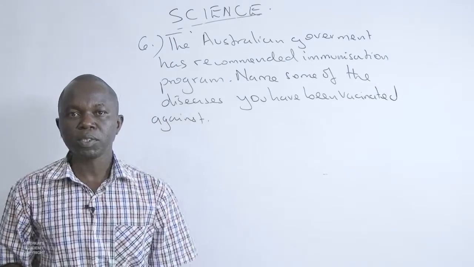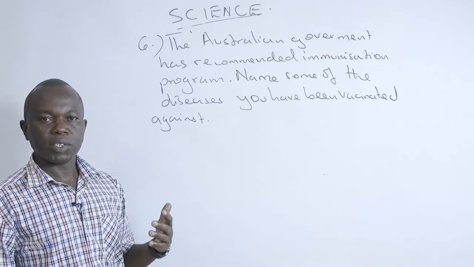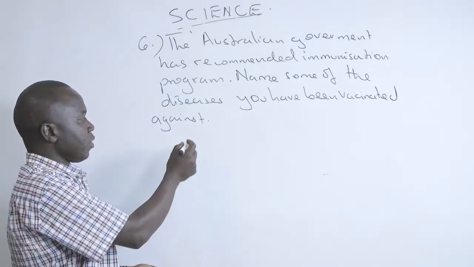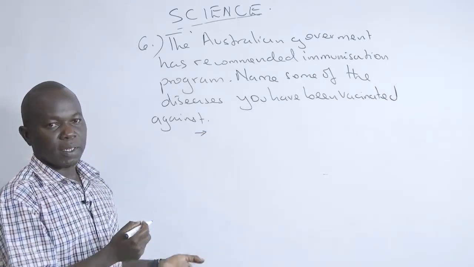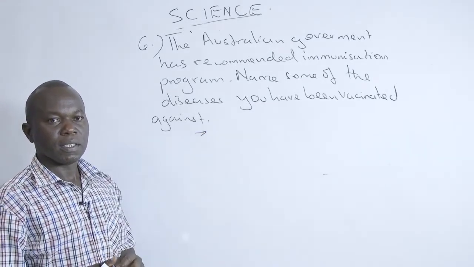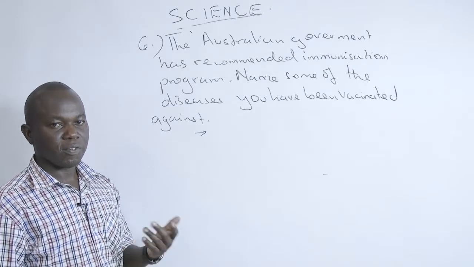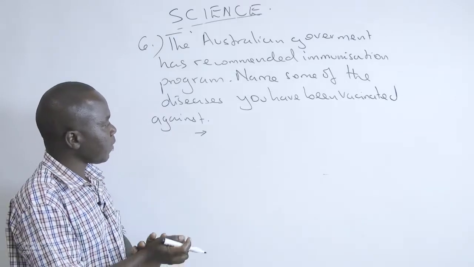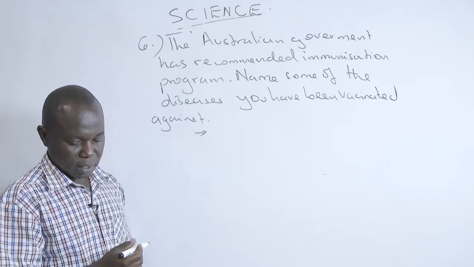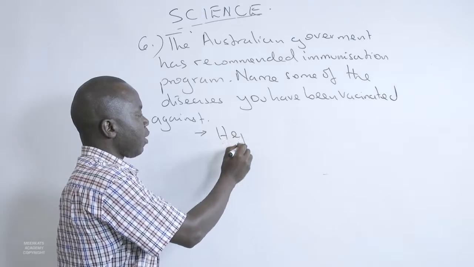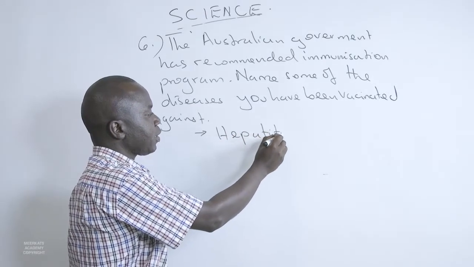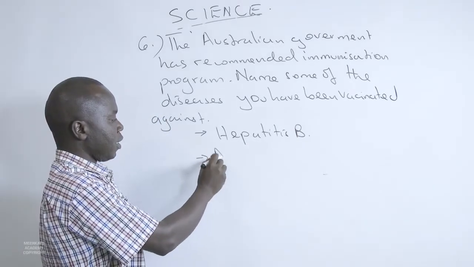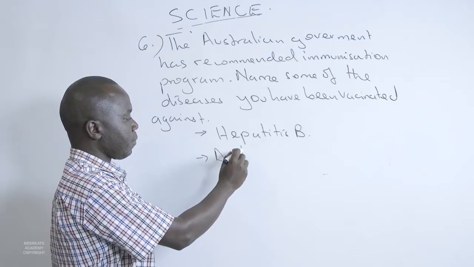So I think this question is very easy because it's a question of experience, what you have already gone through. Or if you didn't know that you have been immunized, you can check the clinical card of your baby brother or your baby sister. So some of those diseases include, I'm very sure, hepatitis B. We have TB, diphtheria.